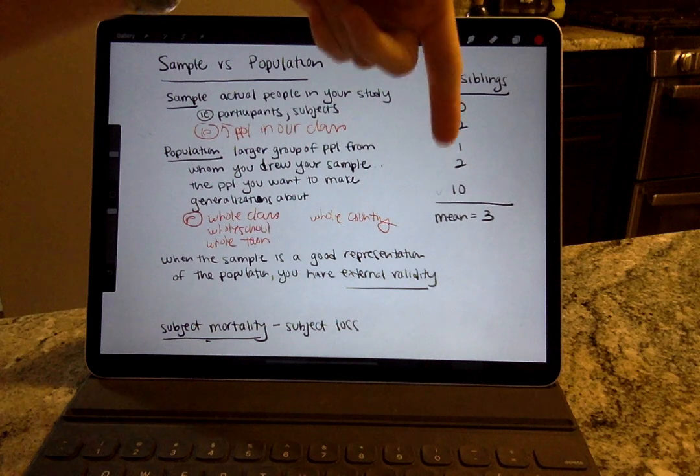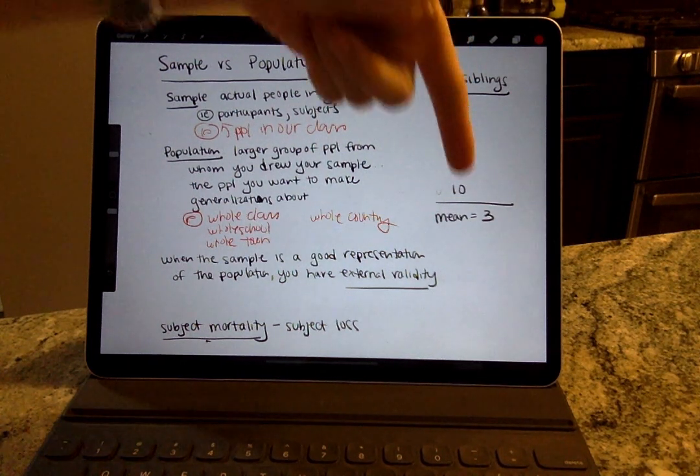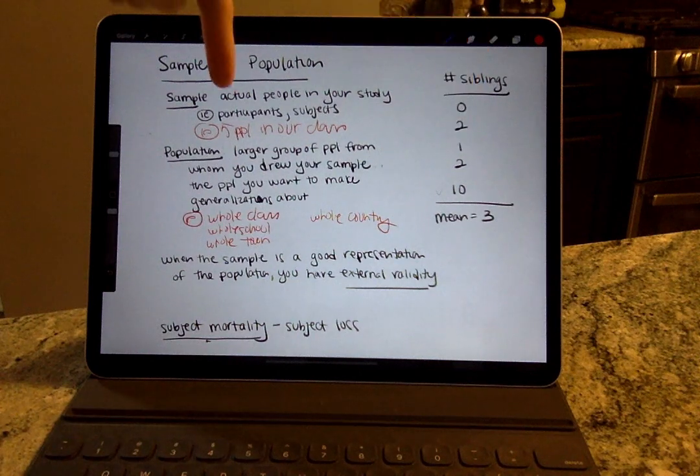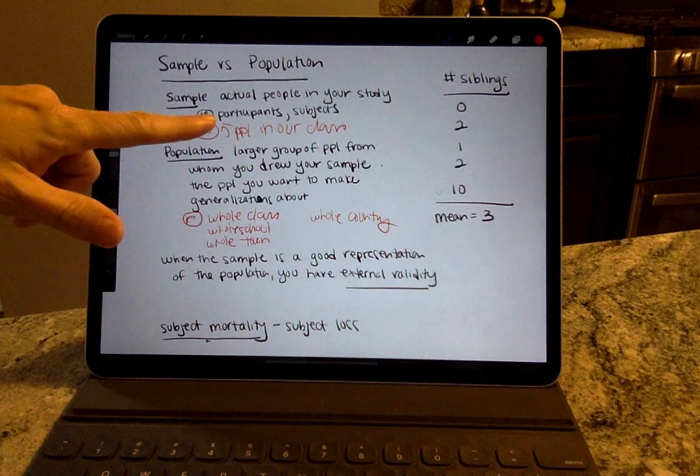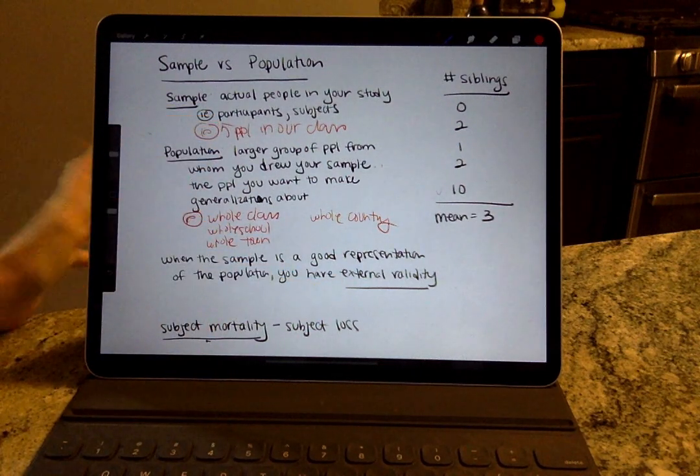We don't know a lot of details about these 5 people. Are they all females and we excluded the males? Are they all older students and we excluded the younger students? We don't know any of that, but we can probably make a relatively good assumption that if we randomly drew this sample from the class, it is a good representation of the whole class. So we probably do have good external validity.